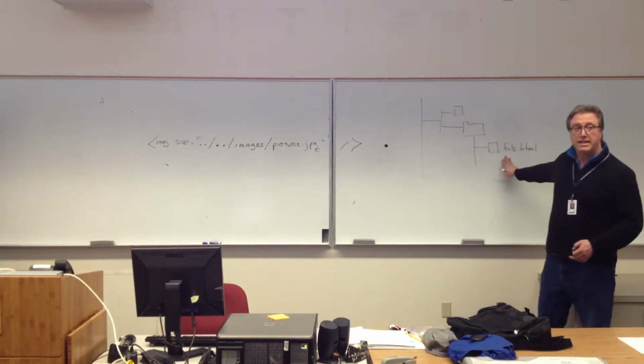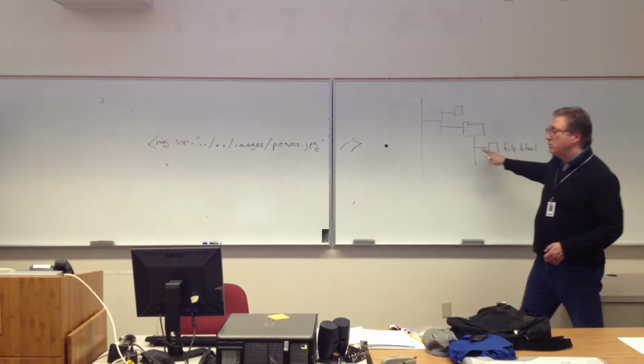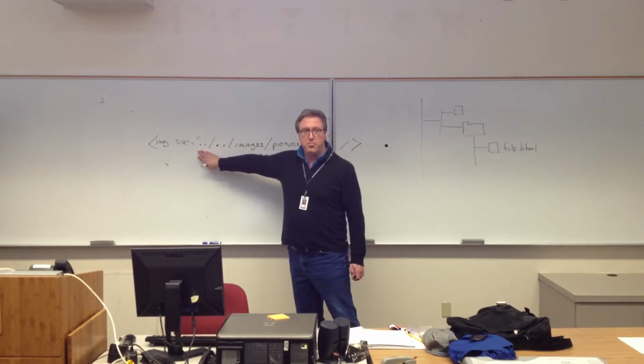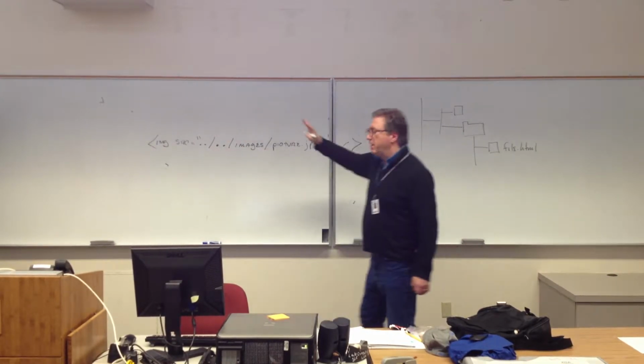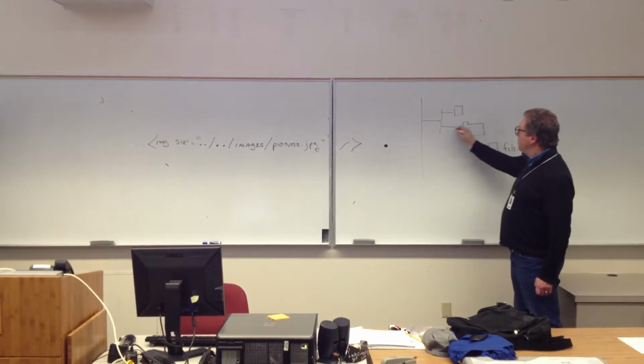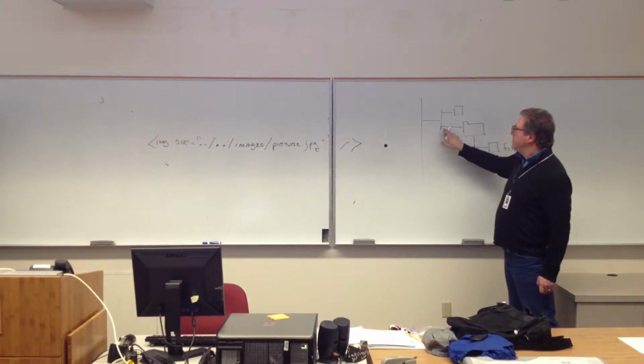This is where my link is. So now, help me interpret this. What do these two dots mean? Go up. So I'm here, which means I have to go up to here. So now I'm at this level.